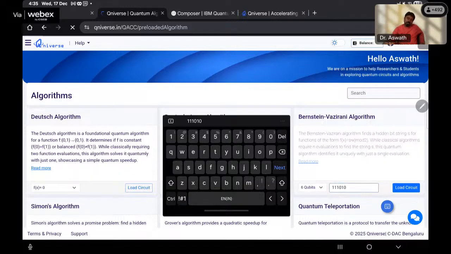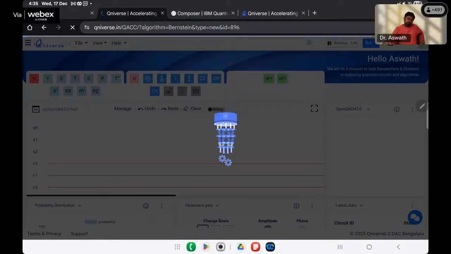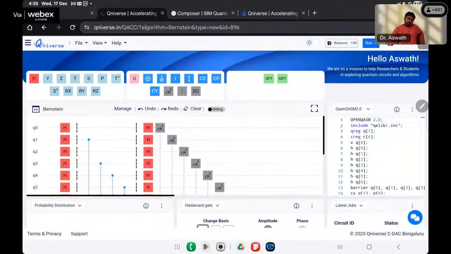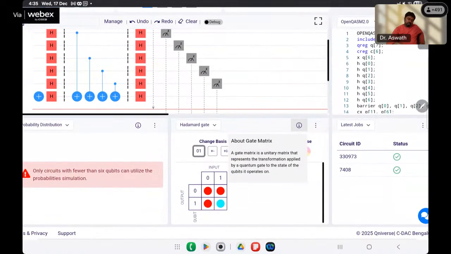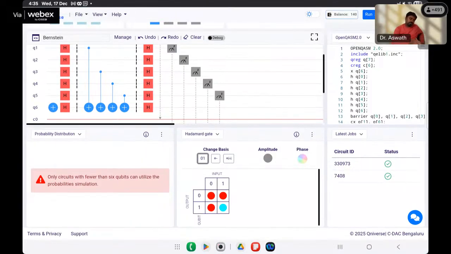Load the circuit. Even this one, 6 qubits can utilize fewer than 6. It is asking for less than 6.